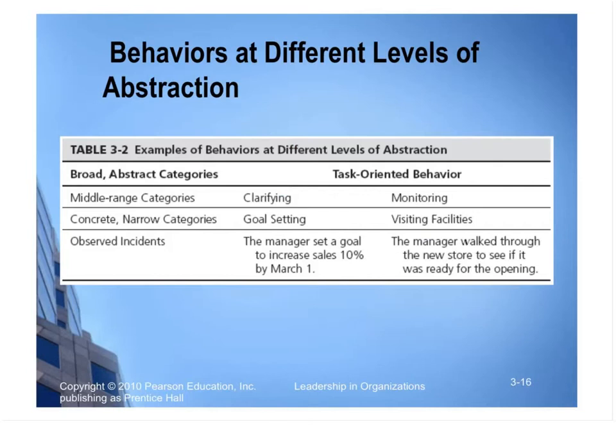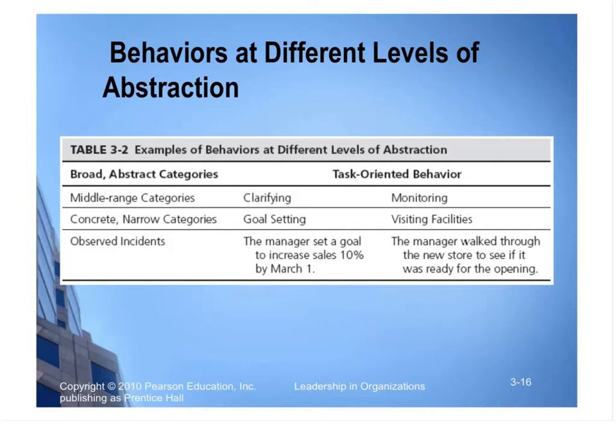So you see here, there are examples at different levels of abstraction. Like going back to the slide that we were discussing, the middle range categories, like clarification and the behavior, when it's task-oriented behavior, it will be monitoring.